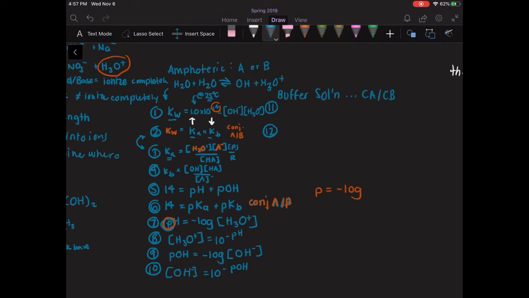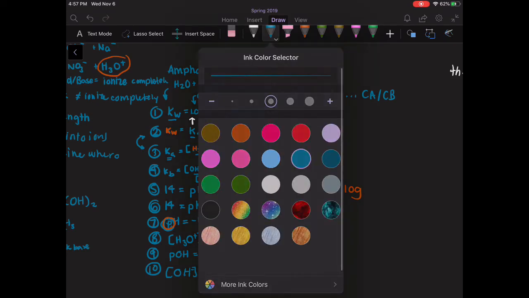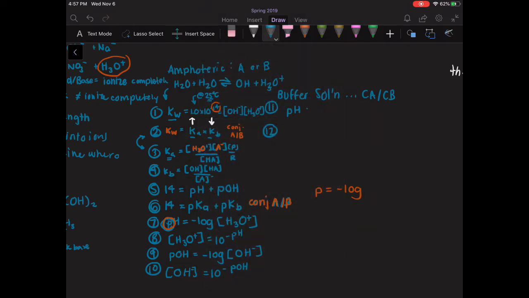Essentially, pH equals pKa, the negative log of the Ka value, plus log of base concentration over acid concentration. And same thing over here, pOH equals pKb plus log of acid concentration over base concentration.